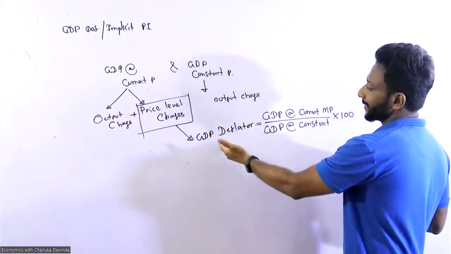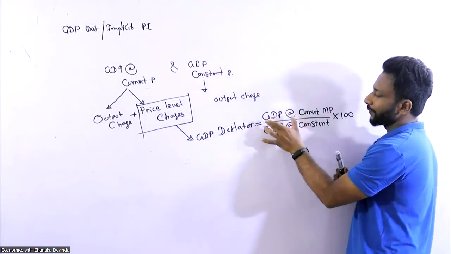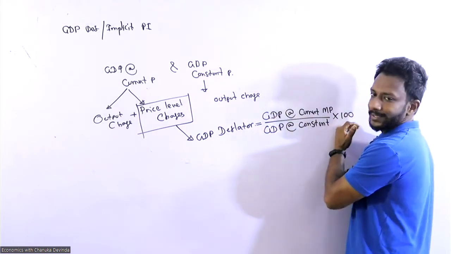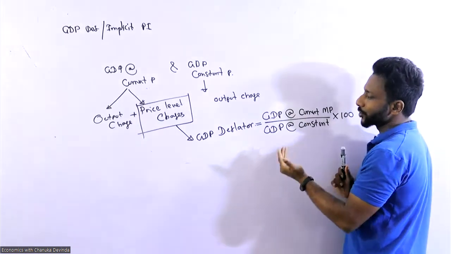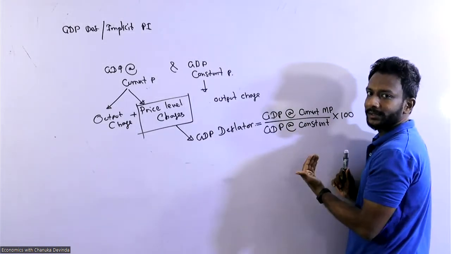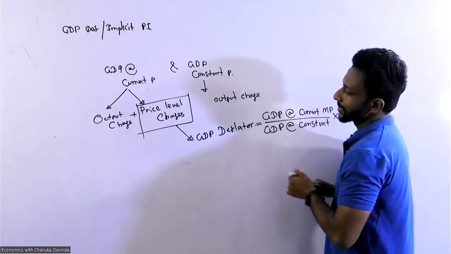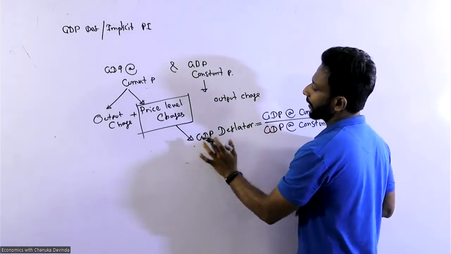So it is the ratio between current price and constant price. That is the GDP deflator. This price level change can be identified by GDP deflator.